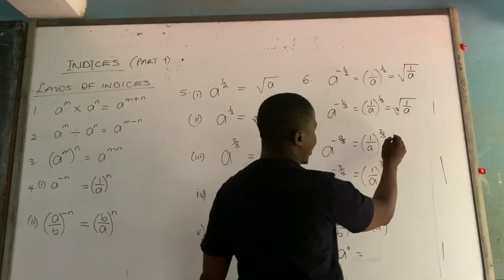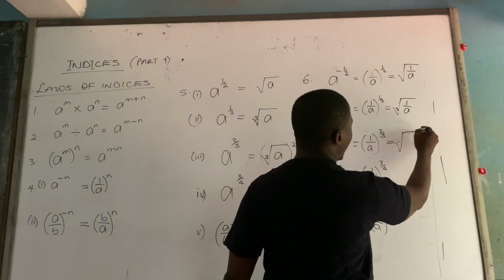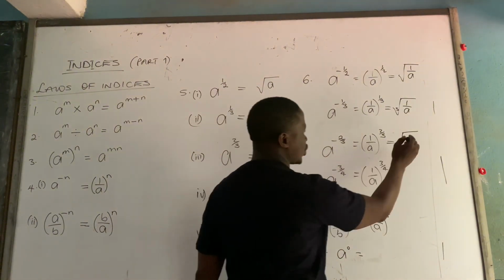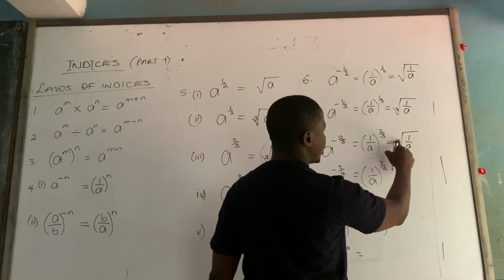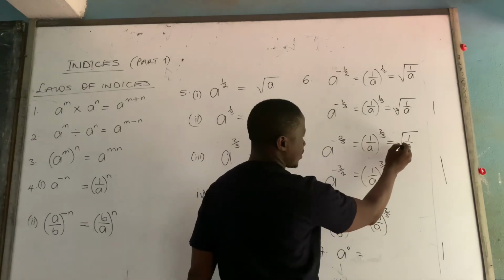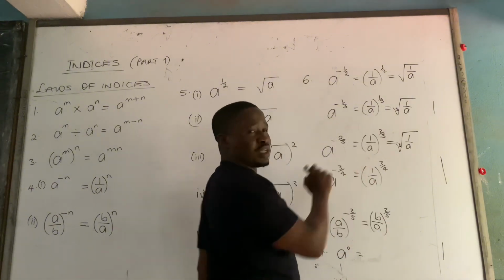The power is fractional. We have the roots. The base is what we write inside. The denominator is 3, which is what we write in here. The numerator is 2.